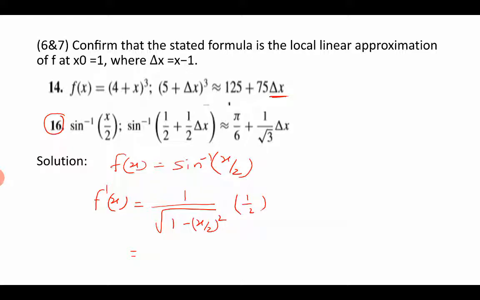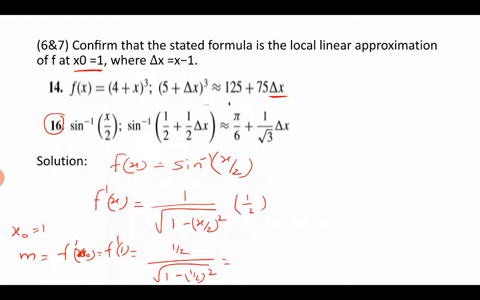So the derivative will give you this term. You don't need to simplify this one, just substitute the x0 value. Here x0 is 1, therefore the slope m is f prime of x0, which is f prime of 1. The x value will be 1, isn't it? So when you substitute the value here, the numerator is half, over the square root of 1 minus (1 by 2) whole squared. Simplify, use your calculator and check the value.